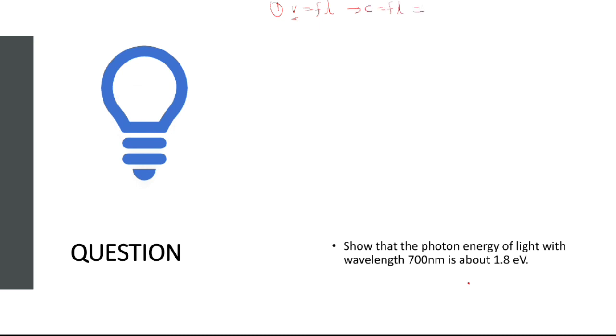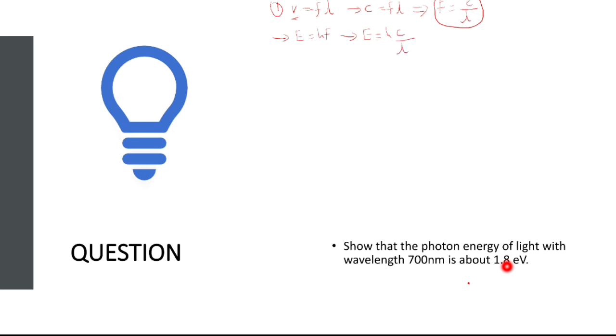Then we make f the subject of the formula, so frequency f equals c over lambda. Then you have your energy equation, which is Planck's constant multiplied by the frequency, and we already have the frequency as c over lambda, so we substitute. Now E equals Planck's constant multiplied by c over lambda.